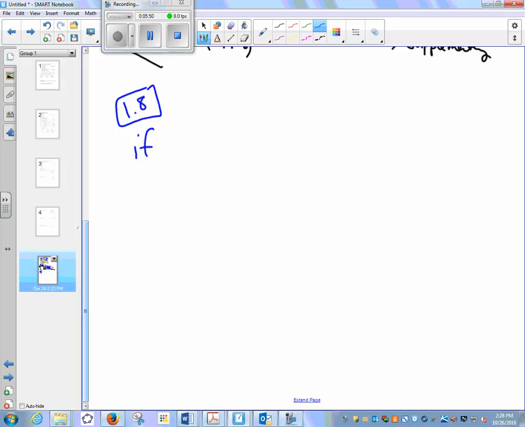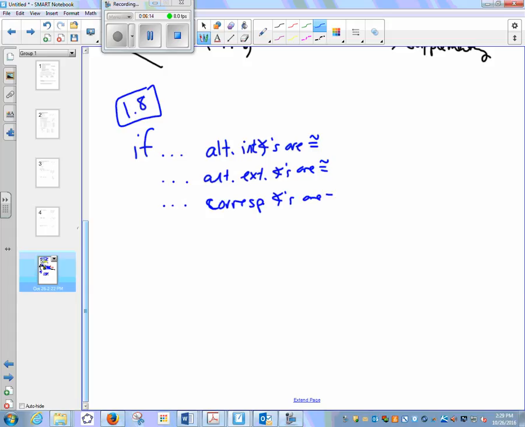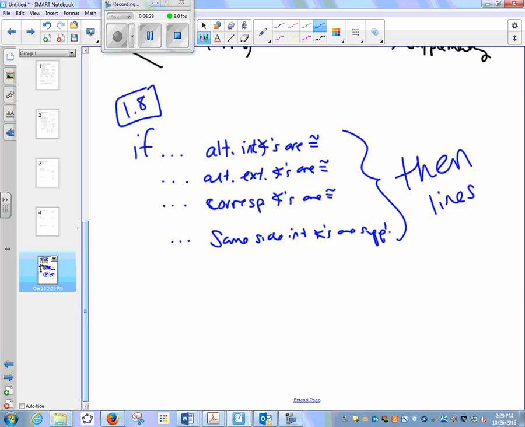So instead of saying if lines are parallel, it's going to be if alternate interior angles are congruent, if alternate exterior angles are congruent, if corresponding angles are congruent, if same side interior angles are supplementary, then lines are parallel. So that's the difference.